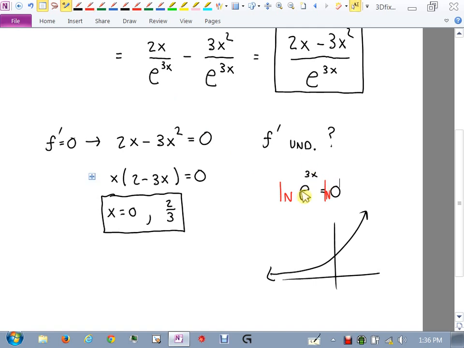If you do natural log of e to the 3x, it should just plop out because they're inverses. So you get a 3x here, but then you go to your calculator and ask what's natural log of 0? Undefined, which means this can't happen. So there are no critical numbers from this part. These are only 2 critical numbers.